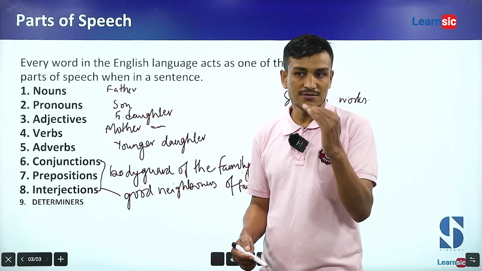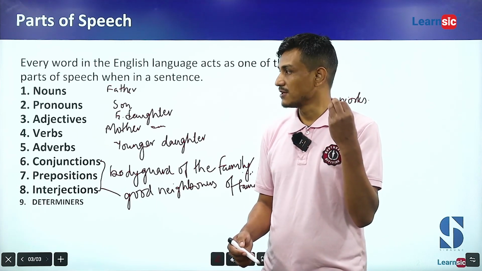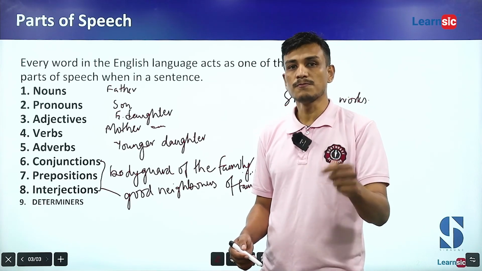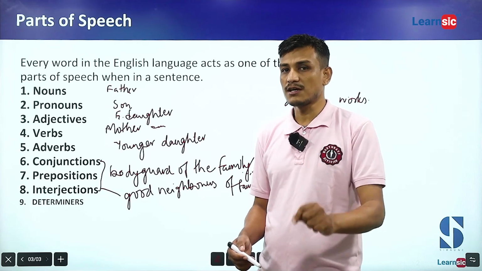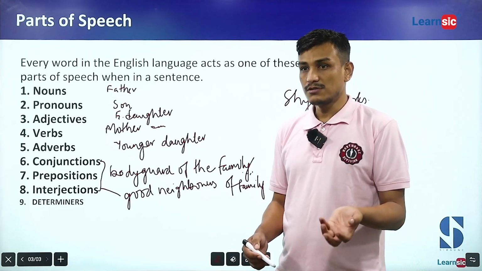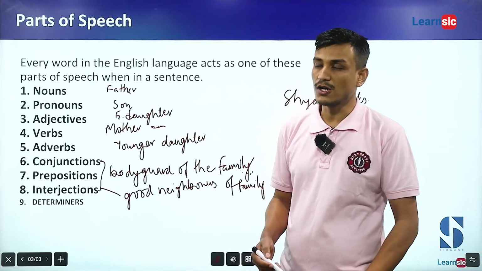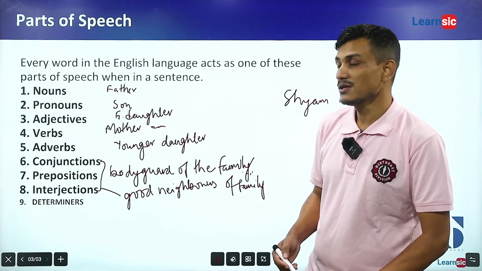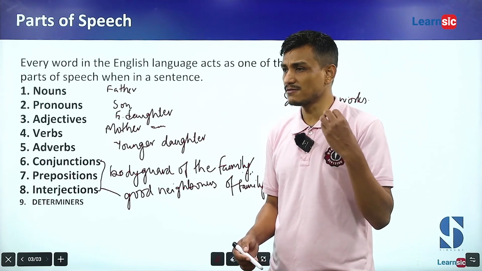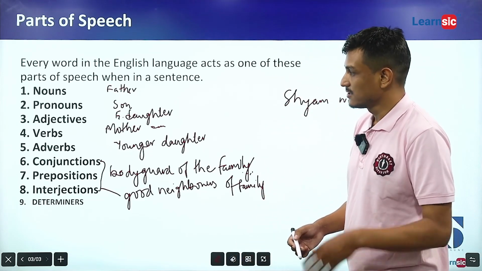If there is a noun in a sentence, she likes to talk about nouns. If there is no noun, there is of course a pronoun, and she likes to describe the pronouns. That means any words describing nouns and pronouns are called adjectives. So this is the general definition of adjectives. Let me clarify it.